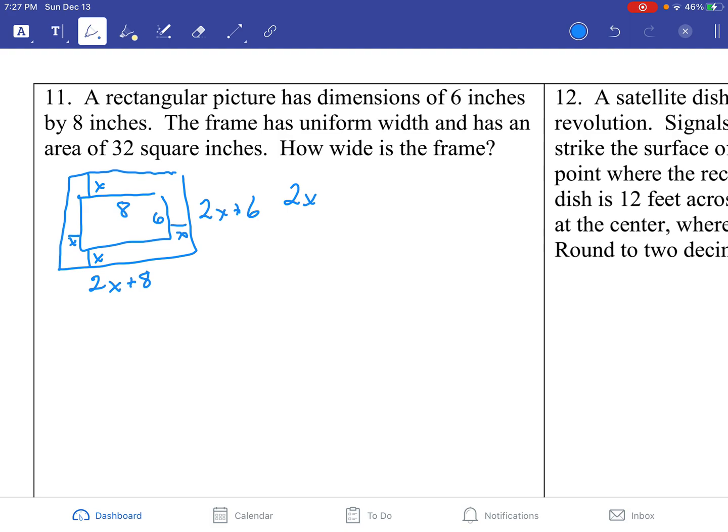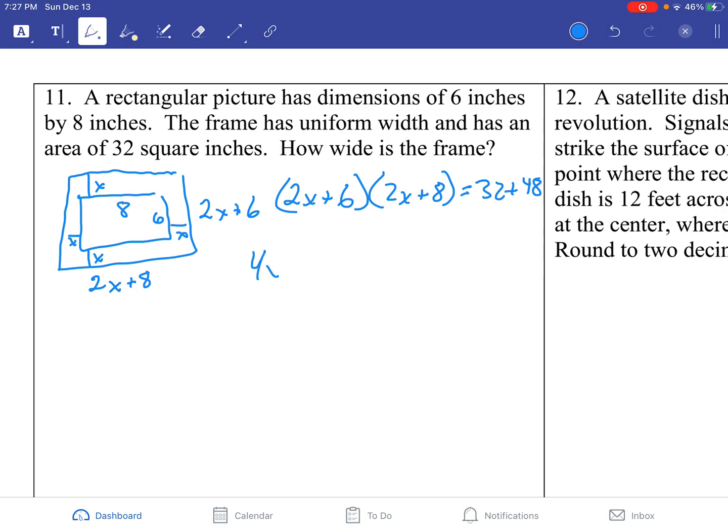So now we can make our equation. If we're finding the area, we have 2x plus 6 times 2x plus 8, and that equals the area, which is the area of the frame itself is 32, plus the area of the picture itself is 48. So now we can start combining our like terms and multiplying things together.